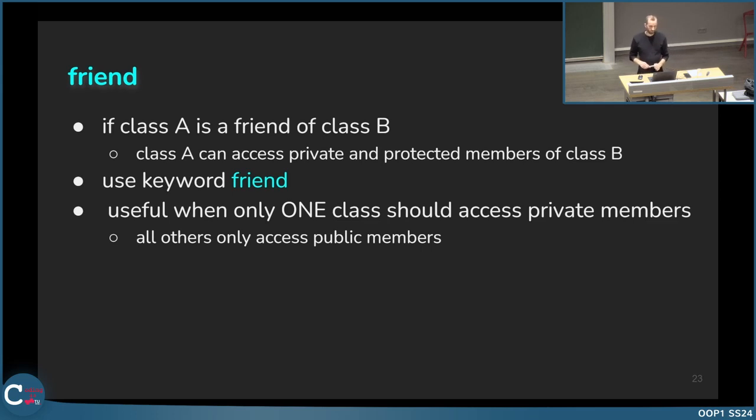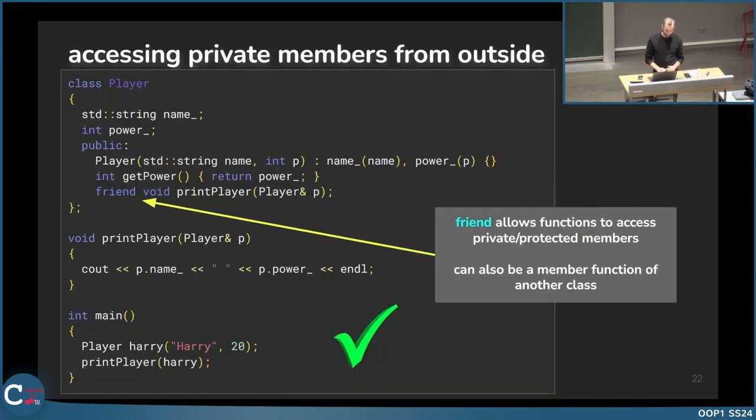And it's very useful when we maybe have only one class or one function which does not really belong to a class. This print player would also belong to the class. But sometimes you might face a situation where you have a function that does not really belong to a class, but you want to access the members.